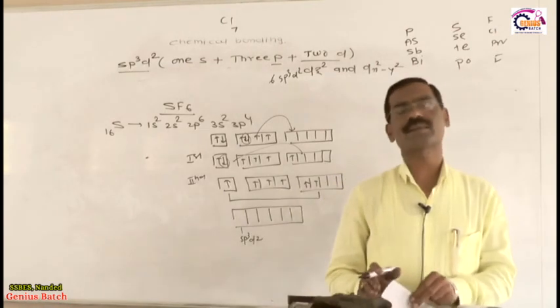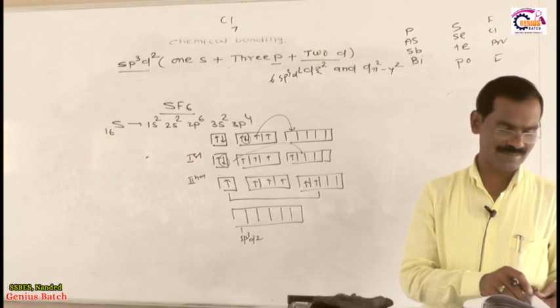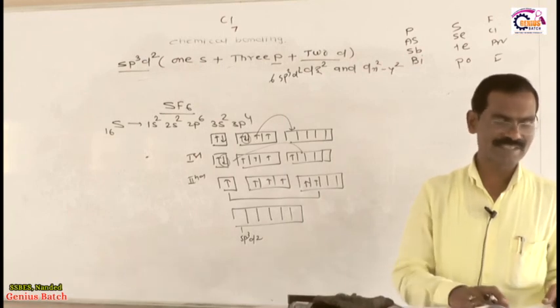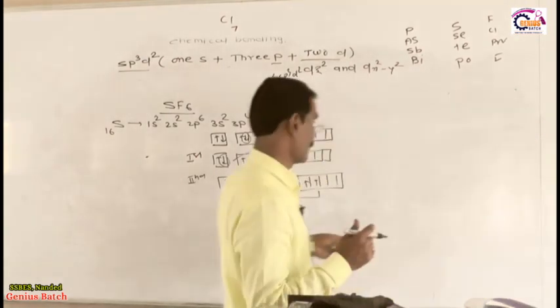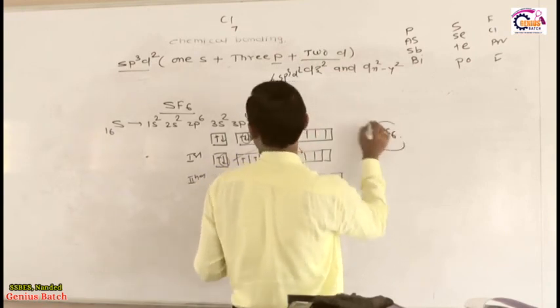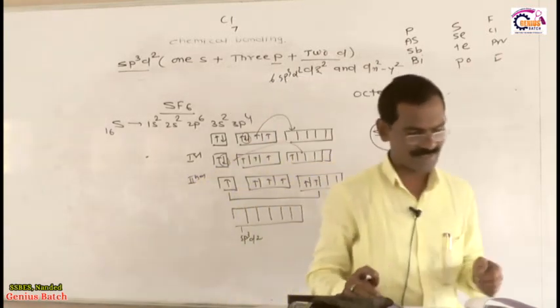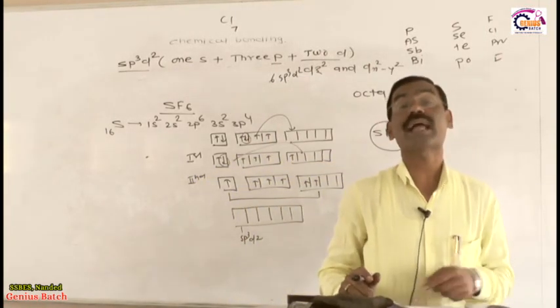Those which have sp3d2 hybrid orbitals, the geometrical shape of that molecule is octahedral. What is the geometrical shape of that molecule? Listen very carefully. This is a very interesting and important concept. Therefore, SF6 is formed by sp3d2 hybridization, and the geometry of this molecule is octahedral.